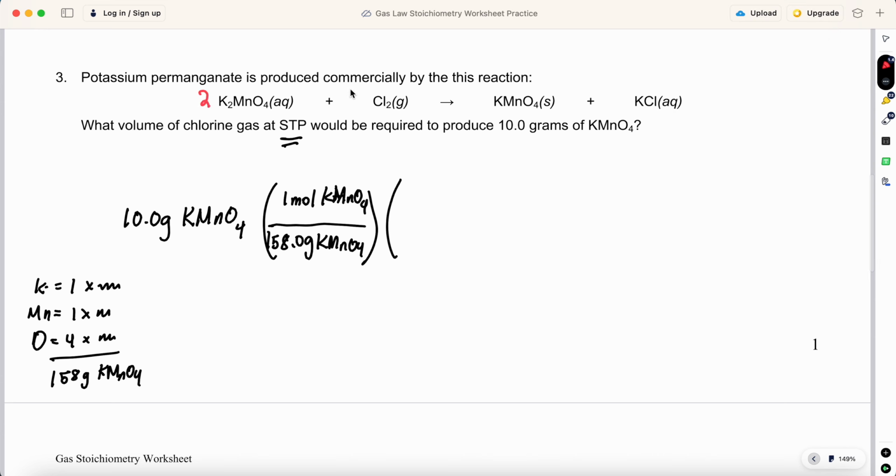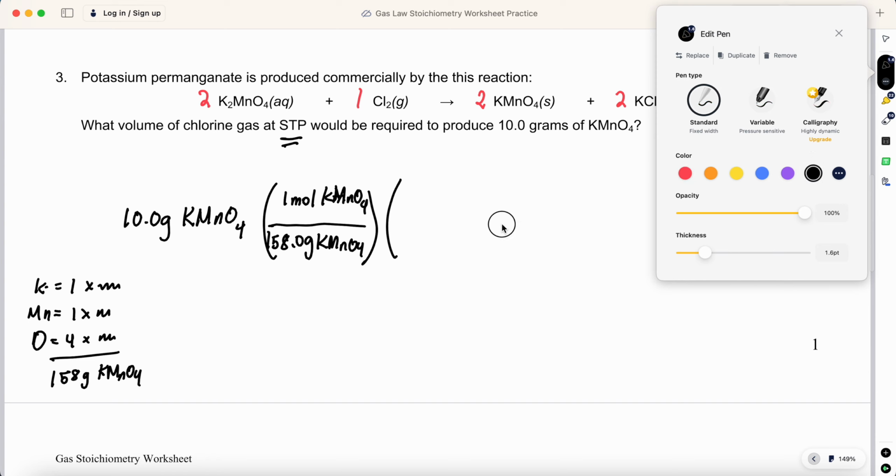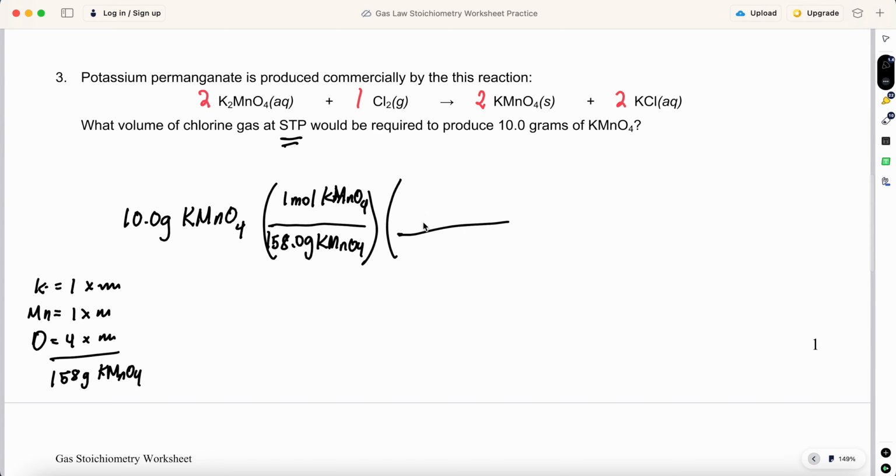So again, don't forget to balance this equation. This should be 2, 1, 2, 2. And let's go back to the second term. We have 2 moles of KMnO4 here. And what we're looking for is the chlorine gas, so moles of chlorine gas.